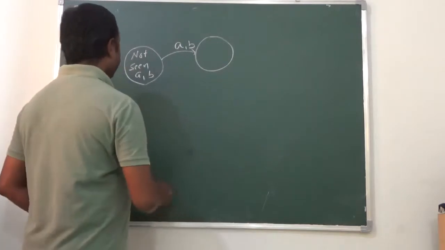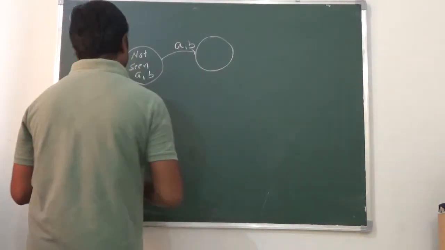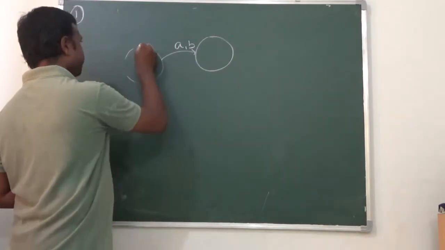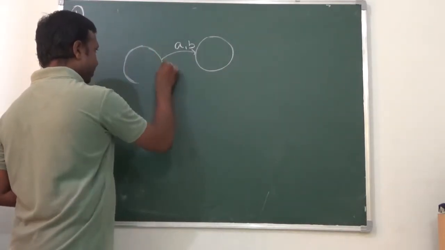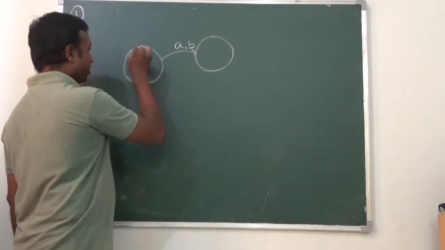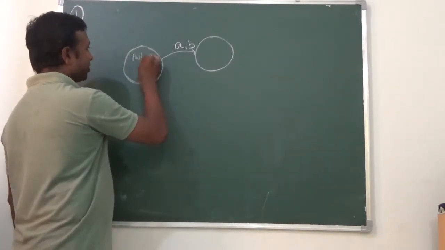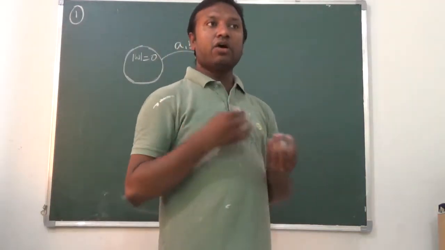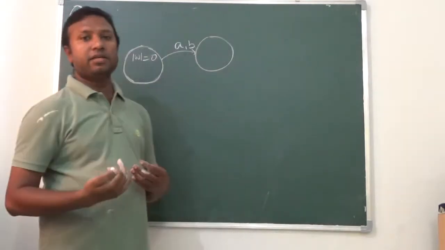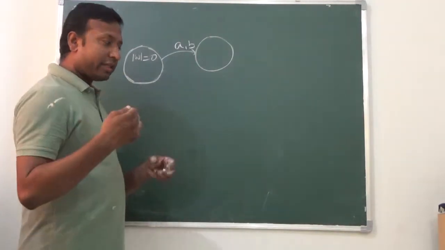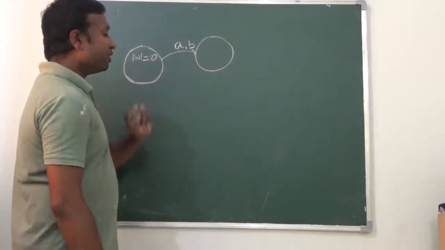In another way, if you want to write it in a very simplistic form, this state represents length of W equal to 0. If you have not seen any A or any B, the length we have seen is 0.